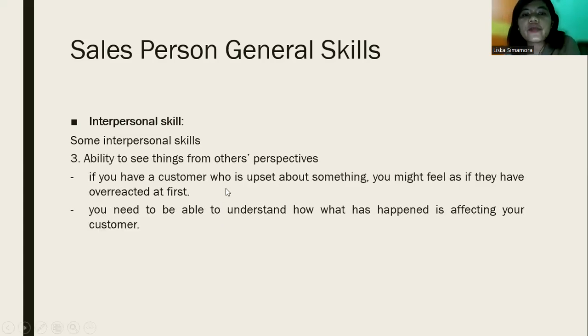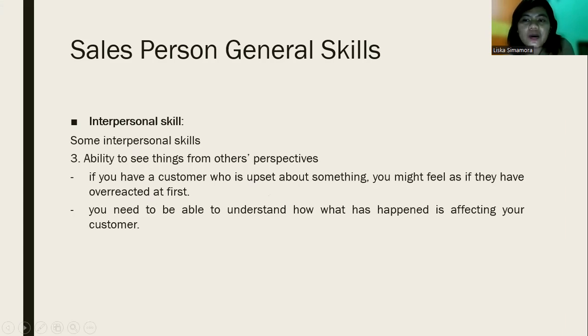Ability to see things from others' perspective. Actually, this one is the same as respect, right? We respect the difference. We respect people's thoughts. We don't judge a person. If you have a customer who is upset about something, you might feel as if they have overreacted at first. This happens commonly, right?